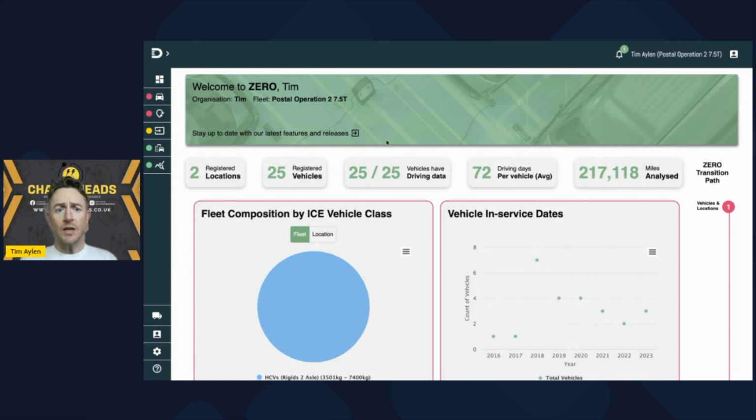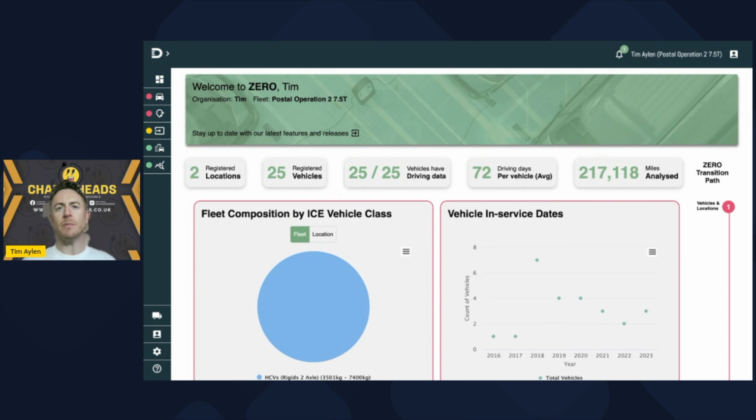So in here, we have got real world data from a postal operation of 7.5 ton vans. And it's 2 locations, so 2 depots where the vehicles are operating. There's 25 vehicles within this operation, and we've got 72 days worth of driving data, which has given us nearly 250,000 miles worth of analysed data.